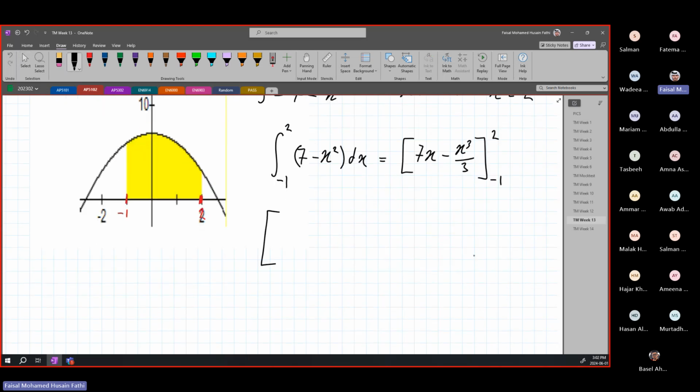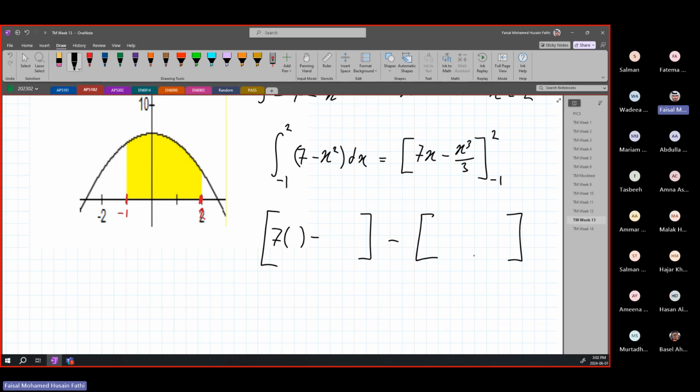And now we just have to plug it into our boxes. And that's it. So we have 7 into x minus x cubed over 3, again, 7 into x minus x cubed over 3. Our first value here is the 2, so this is going to be 2 and 2. And our next value is -1, so this is going to be -1 and -1.